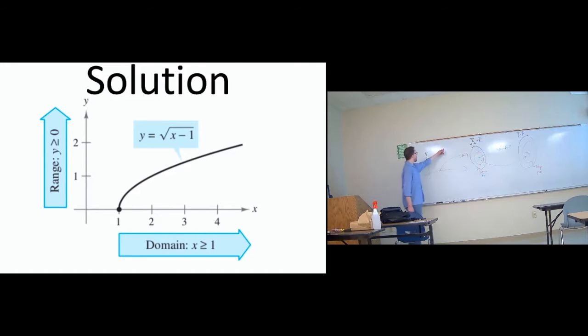The domain can be thought of as the shadow cast by our function if we took a light and shined it perpendicular to the x-axis. Does that make sense? If I were to take a flashlight from above and shine down, the domain would be all the x values hidden by the shadow of our function. However, the range would be doing the opposite, where you shine it onto the y-axis. Is everybody cool with that?